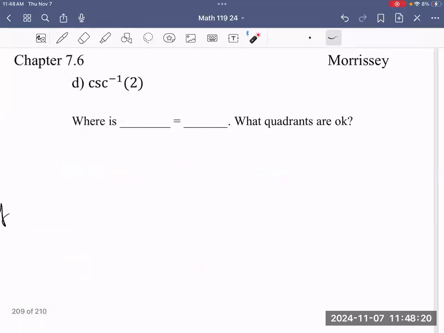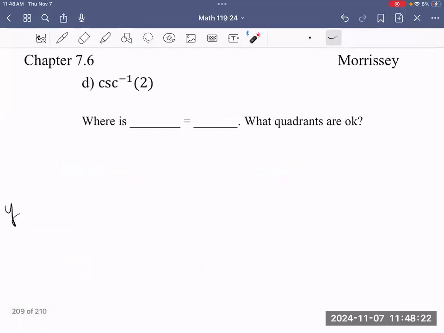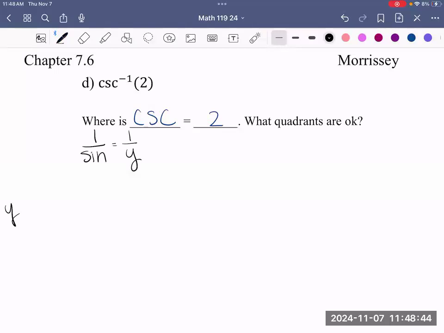So now let's look at cosecant, or the inverse of cosecant of 2. Keep in mind what we know about cosecant. We're looking at where cosecant equals 2. Well, we know cosecant is really 1 over sine, so we're looking at 1 over y.